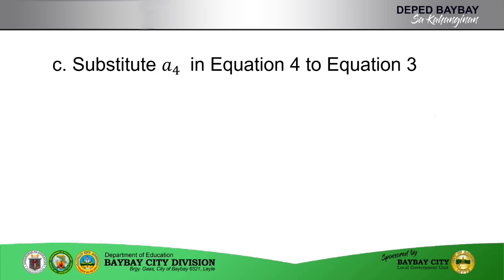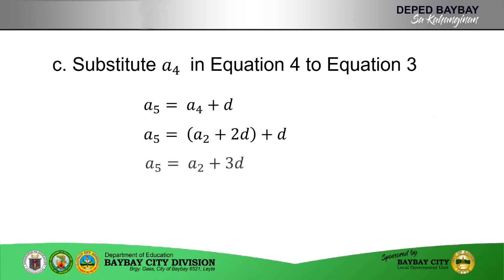While to get our equation 5, we will simply substitute a sub 4 in equation 4 to equation 3. So we will have a sub 5 is equal to a sub 4 plus d. A sub 5 is equal to quantity a sub 2 plus 2d plus d. A sub 5 is equal to a sub 2 plus 3d for equation 5.